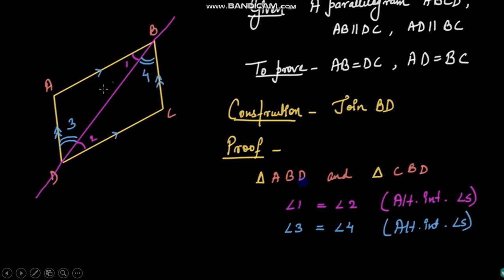Now the proof. In triangle ABD and triangle CBD, angle 1 equals angle 2 and angle 3 equals angle 4. In both cases the reason is the same: alternate interior angles are equal.